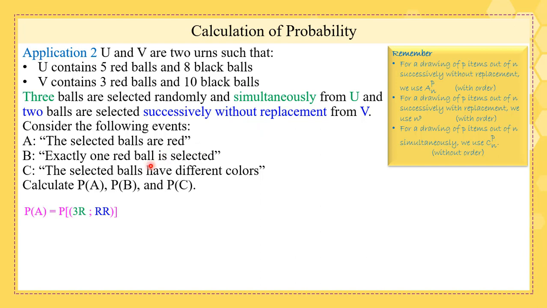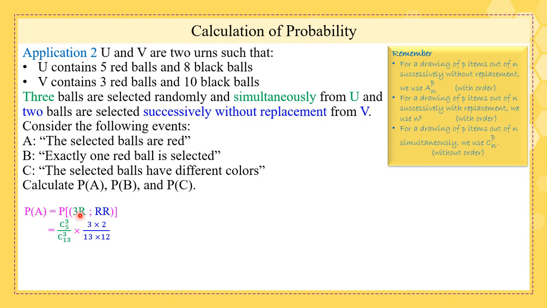Well, for P of A, it's better to represent it in this form as a couple. So 3 balls from U and 2 balls from V. We have simultaneous for the green and the successive without replacement for the blue. So in this case, we're going to deal with each case alone with a multiplication in between, because this means and.